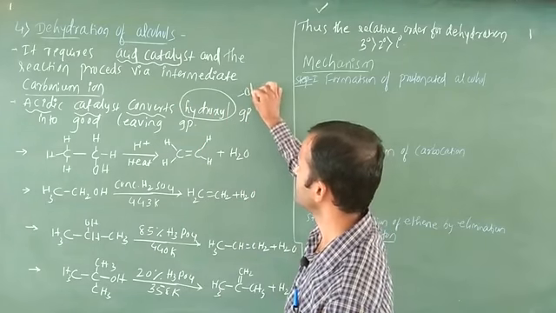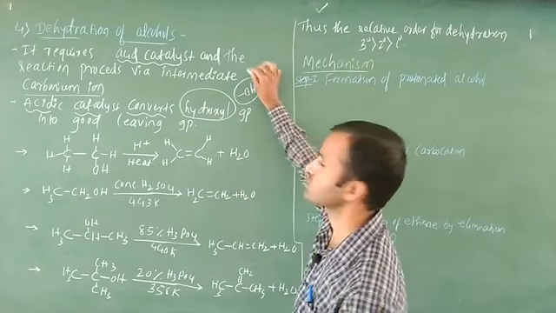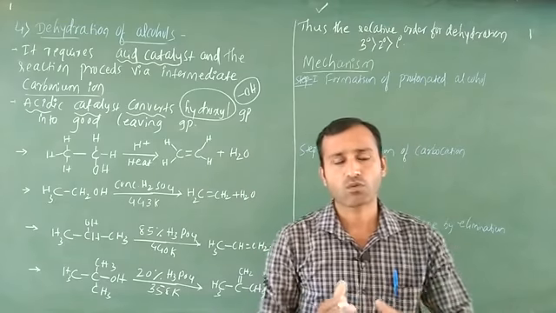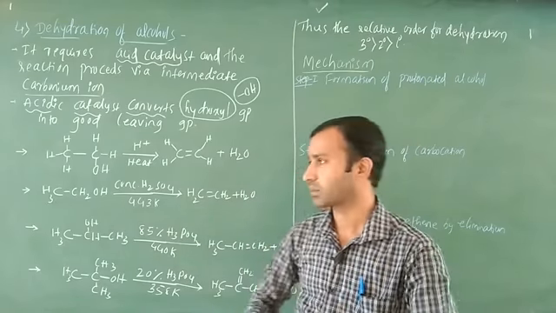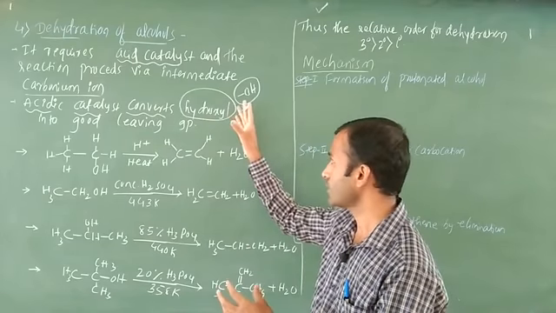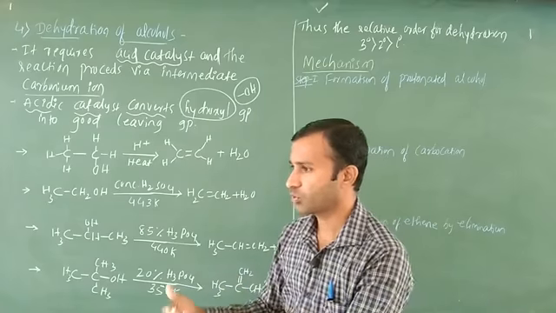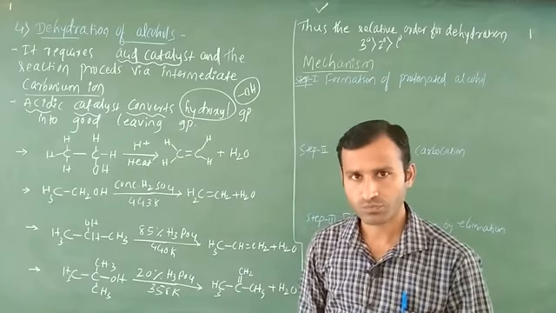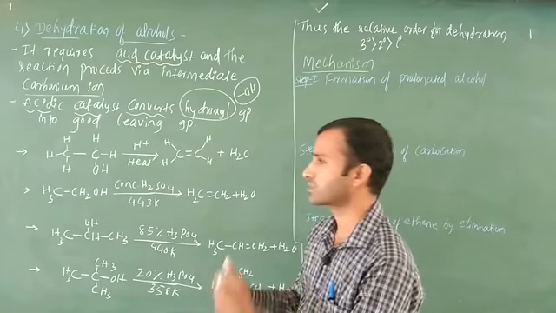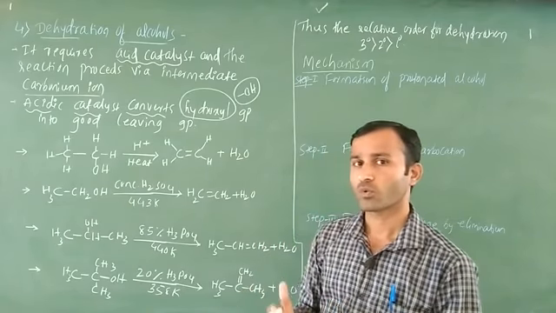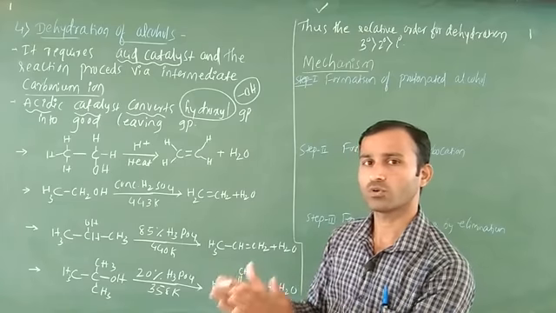The role of the acid catalyst is to remove this OH group. If the OH group starts leaving, it acts as a good leaving group. That is why the acid catalyst helps in removing the OH group, which means indirectly a good leaving group.